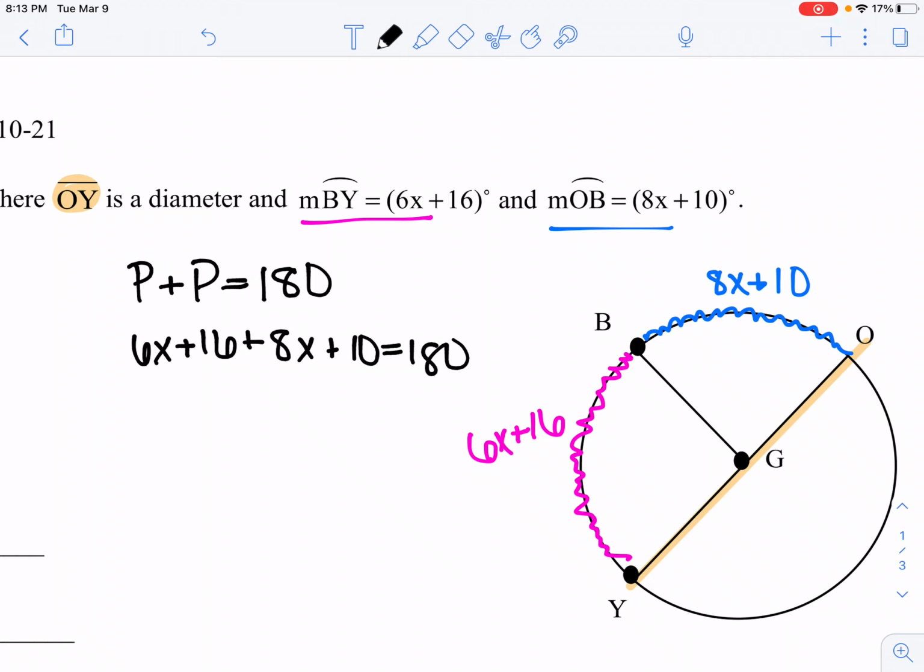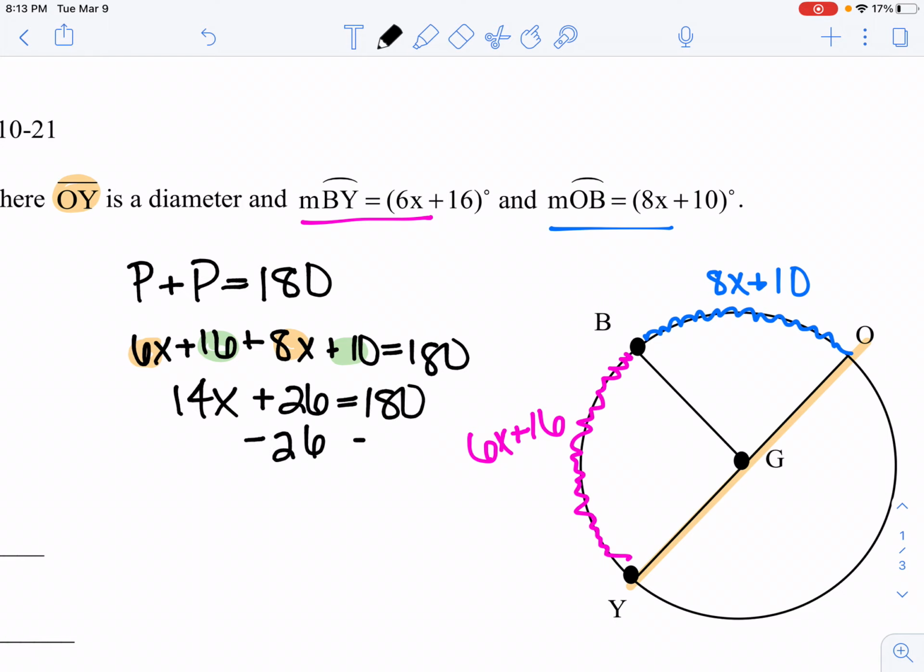So what I want you to do from here, go ahead, pause the video, solve, and check what you get for x. Follow along, and make sure your x matches what I get for mine. I'm going to combine my like terms. I get 14x plus, combining 16 and 10, 26 equals 180.